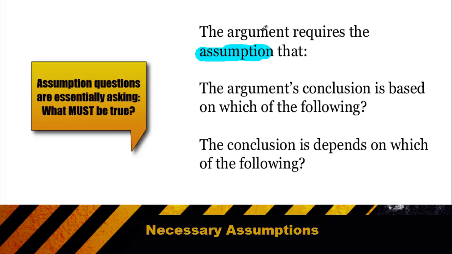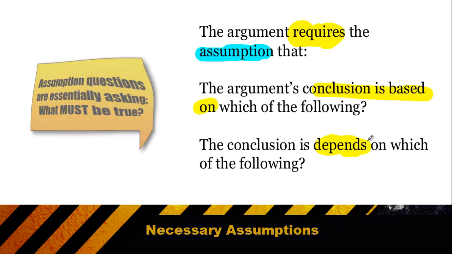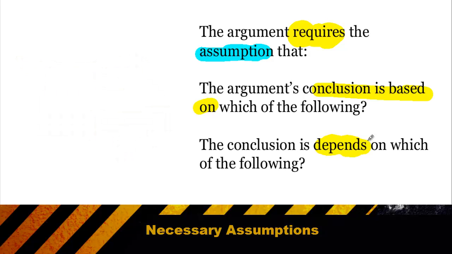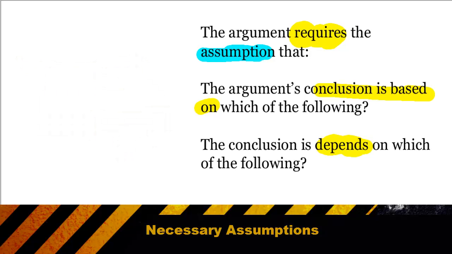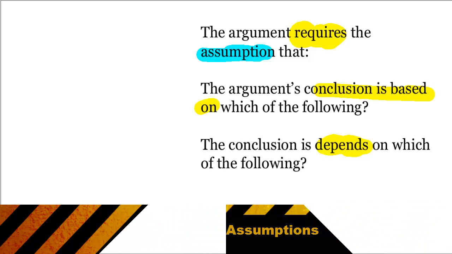But phrases like the argument requires or the conclusion is based on and depends, these also signify assumption questions. These types of assumption questions are asking you to identify what must be true in order for the argument to be true. In formal logic, we often call these questions necessary assumptions.